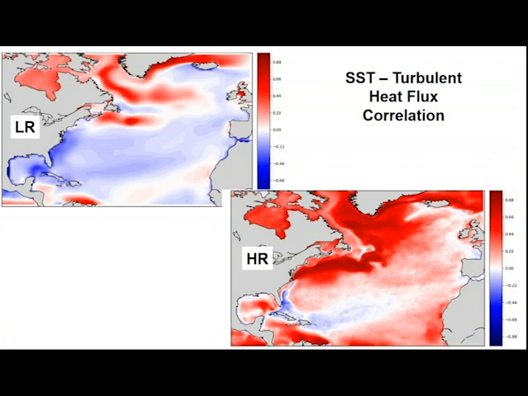If it's bright red, in a very hand-wavy way, it's arguing that the ocean is primarily driving the atmosphere. And if it's blue, it's making the argument that the atmosphere is primarily driving the ocean. And so what you can see at high resolution is a completely different structure of who's forcing whom, compared to the low resolution model over there.